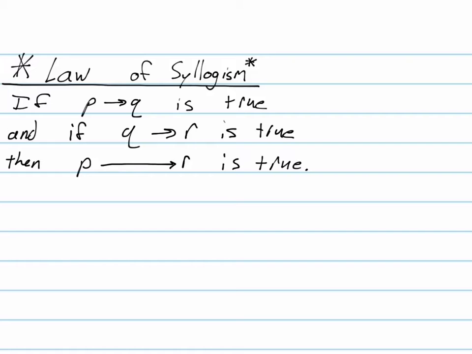So if P then Q, if Q then R, notice how they're linked by the Q's. If P then Q, and if Q, the hypothesis, then R, then you can say if P, then R. I can just skip through that Q part and get right to the conclusion.